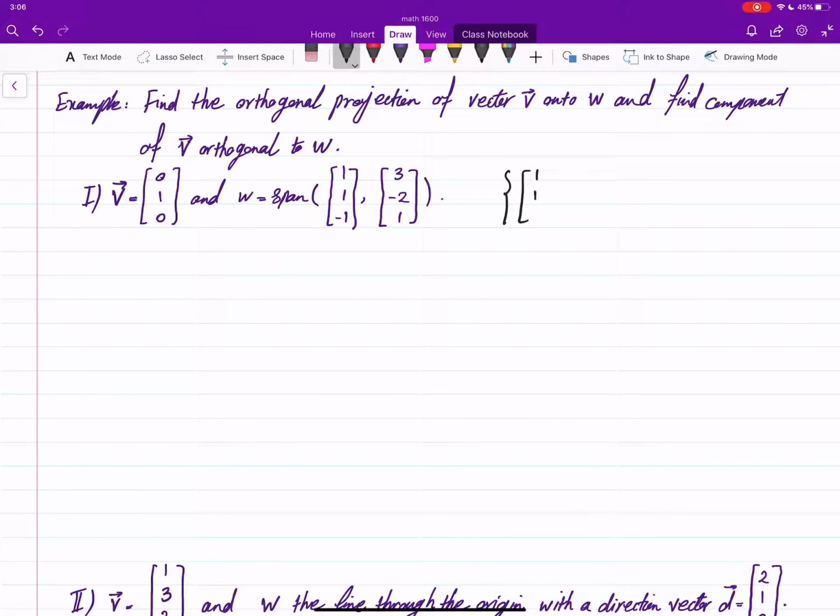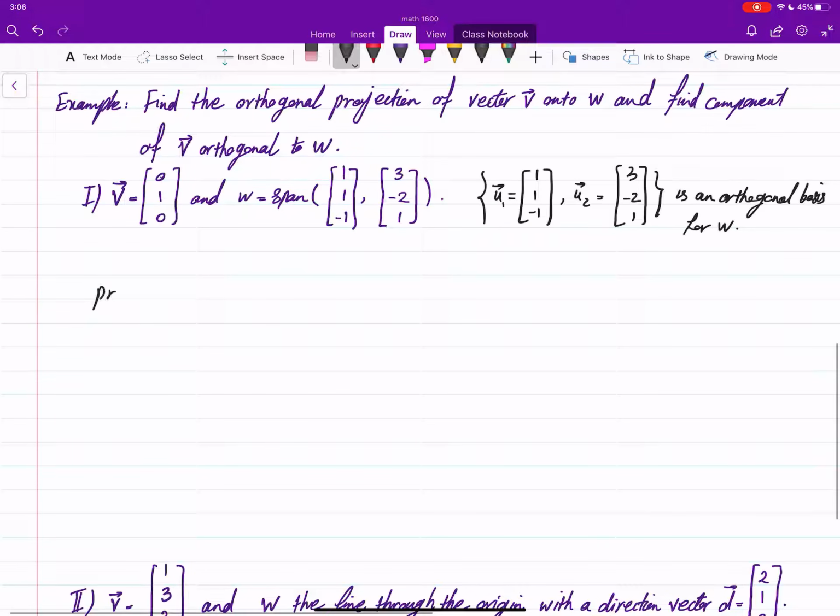So 1, 1, negative 1, let's call this one U1. And U2, which is 3, negative 2, 1, are orthogonal, and since they are spanning W, it is an orthogonal basis for W.